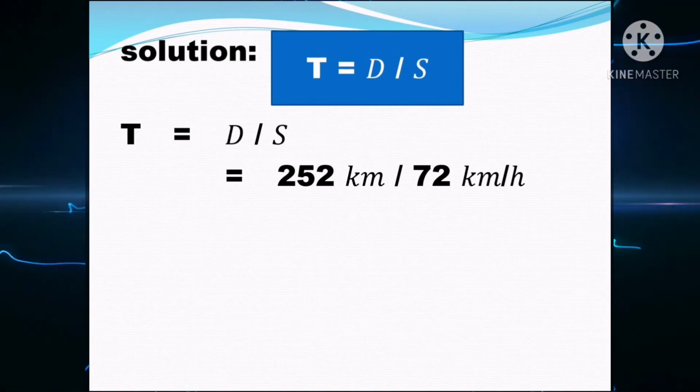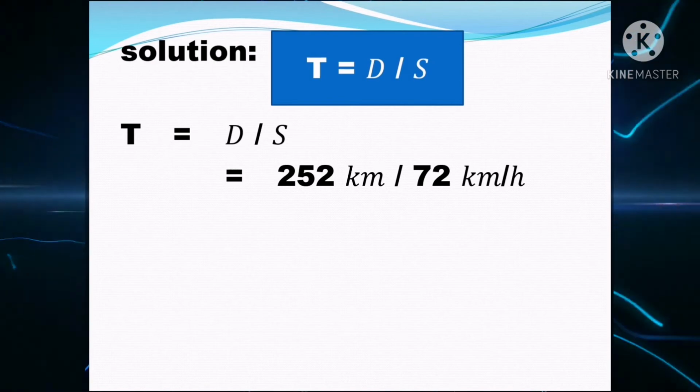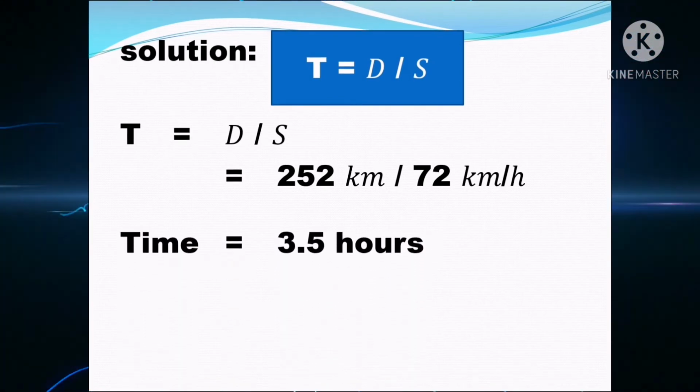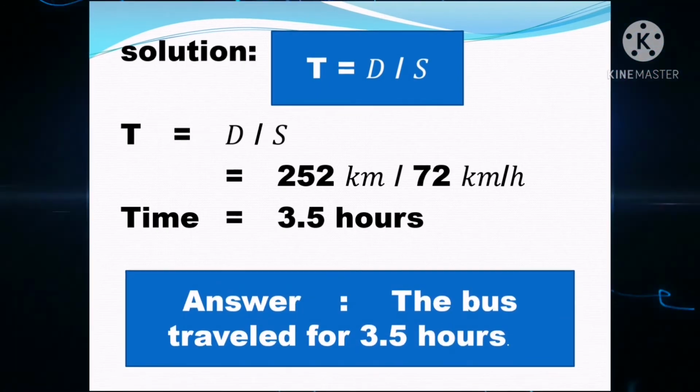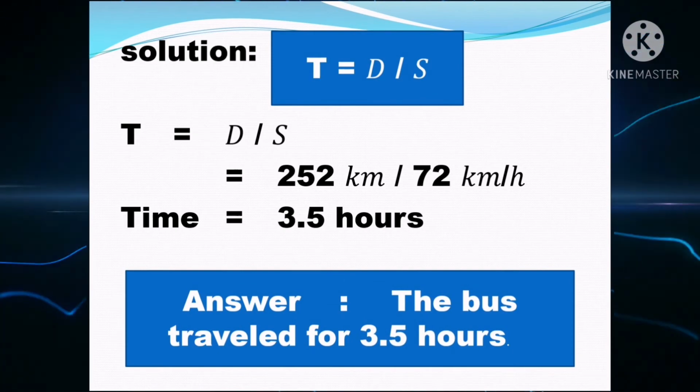And the remaining unit of measure is the hour. So 252 divided by 72 hours is equal to 3.5 hours. So in this situation, the bus traveled for 3.5 hours.